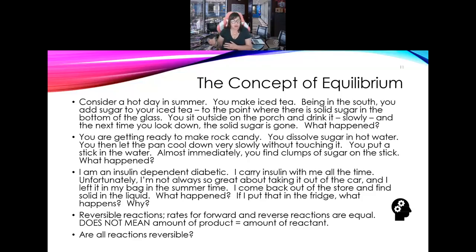That physical structure is no longer soluble under those conditions. Now, if I put that in the fridge, what happens? Anything? Actually, the answer to that is nothing. The solid does not go back into the liquid because it's been denatured, it's been changed, and it can't go back into the liquid because of that.